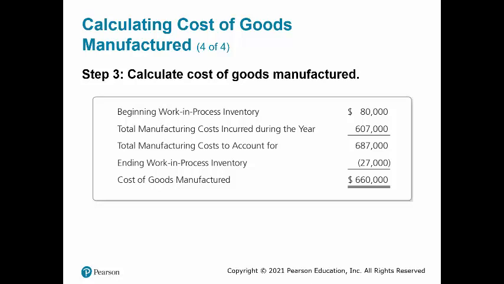The total of those 2 amounts gives us total manufacturing cost to account for, and we subtract from that any ending work in process inventory. That subtraction then will give us cost of goods manufactured. That is the amount that we will use in the cost of goods sold calculation in the income statement.